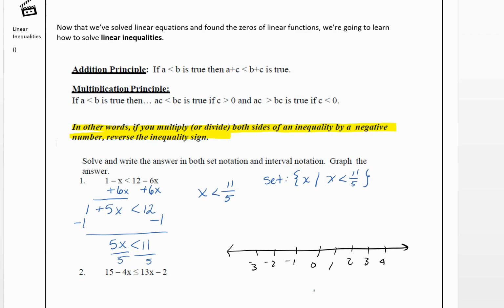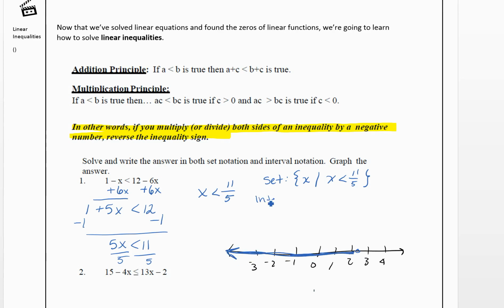So if we want to graph that at 2.2, now since it's just a less than, not a less than or equal to, we'll put an open dot. So we're going to put an open dot at 2.2, and we want everything less than, meaning going toward negative infinity. Okay, so this blue line would be our graph.